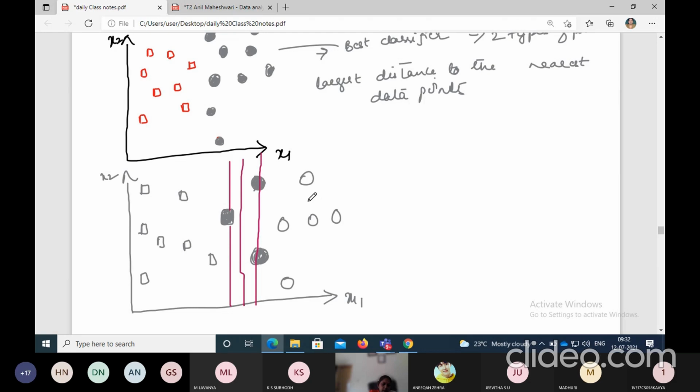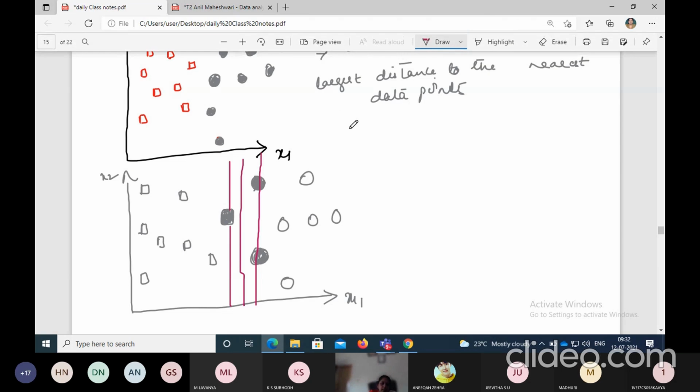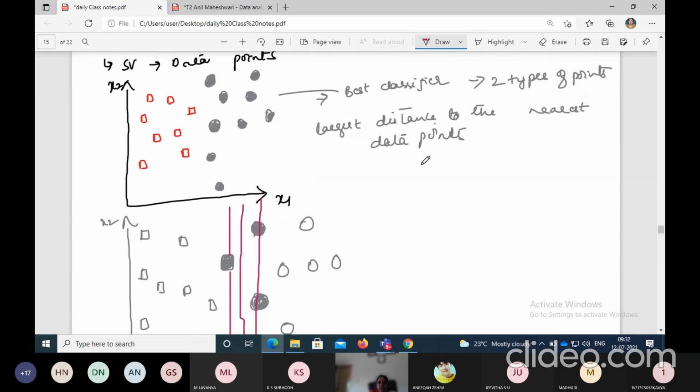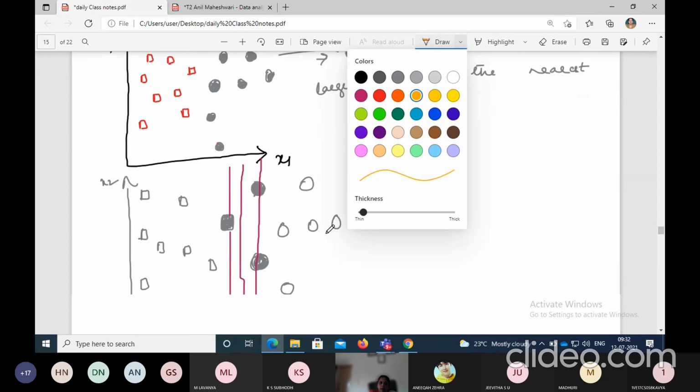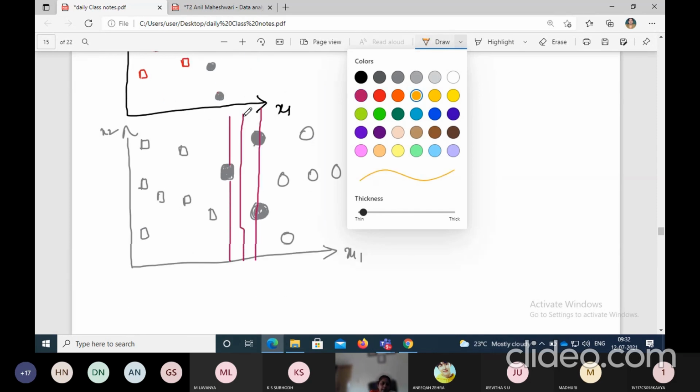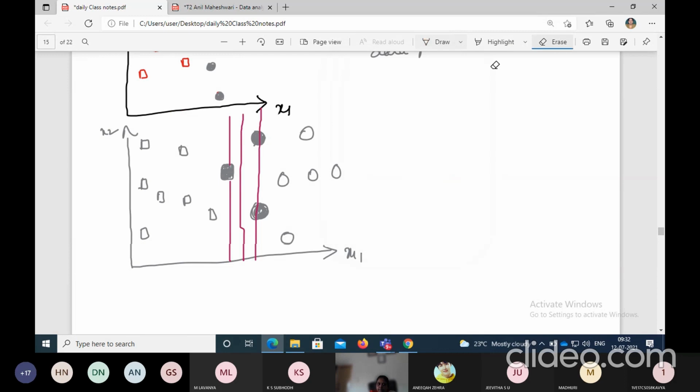Here the gutter and the optimal hyperplane help us see the widest margin and how the support vectors can be defined to do the better classification for the largest distance to the nearest data points.